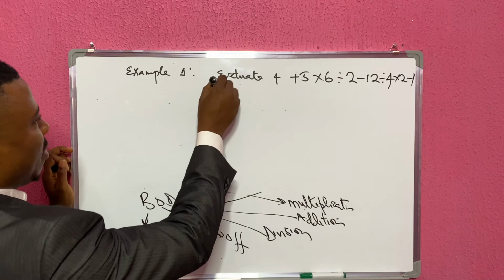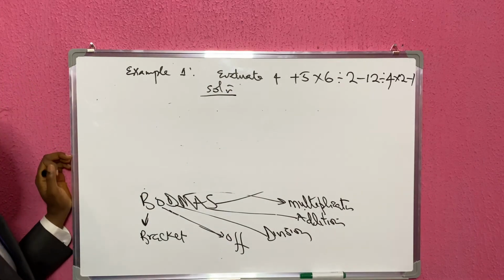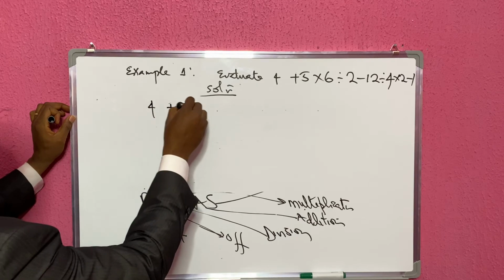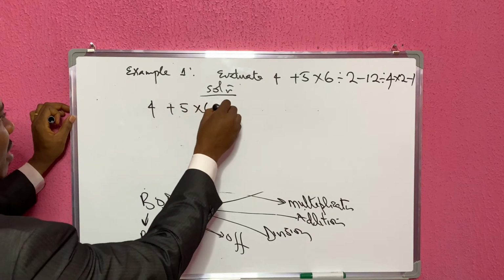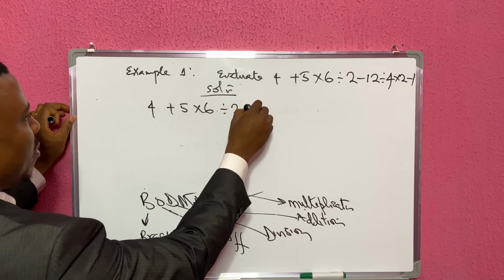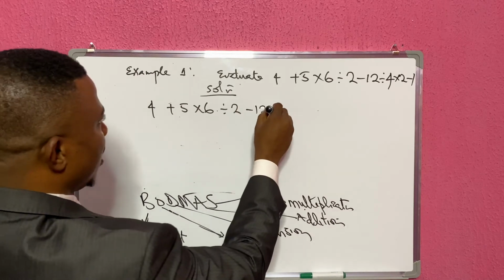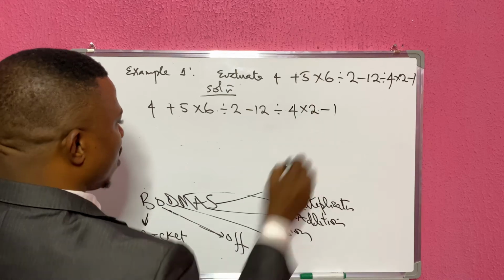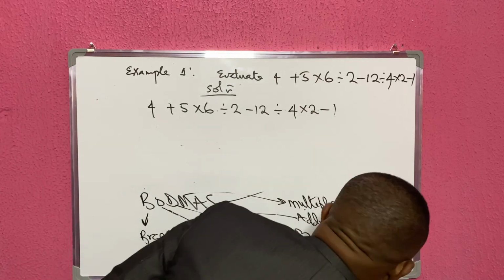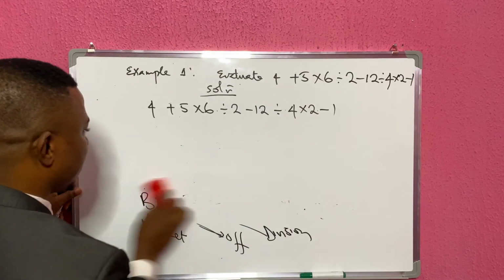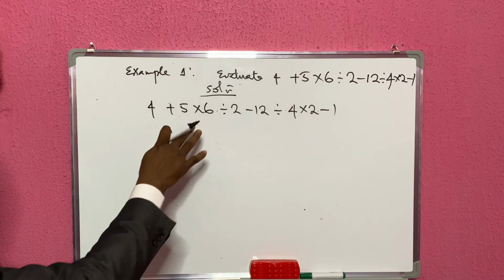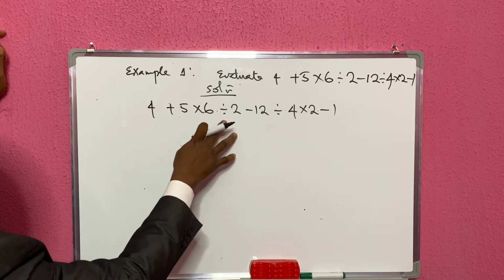Now solving this problem, we will say 4 plus 5 multiplied by 6 divided by 2 minus 12 divided by 4 times 2 minus 1. Division is the first thing we see.